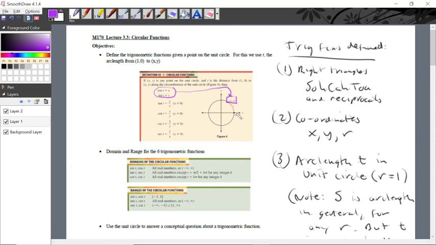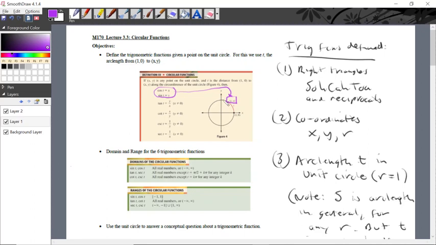So if x is never more than 1 in the unit circle, then the cosine of t can never be more than 1, because the cosine of t is what x is equal to. Notice that x is always between -1 and +1 if we're on the unit circle, for any point we choose along this circle. Therefore, the cosine must be bound between -1 and +1 as well. Similar argument for the y-coordinate in the sine function.